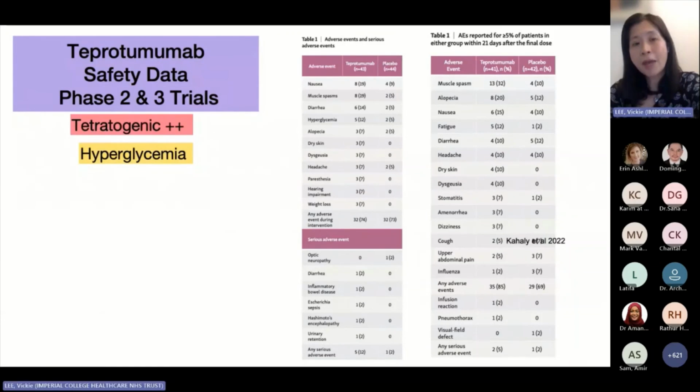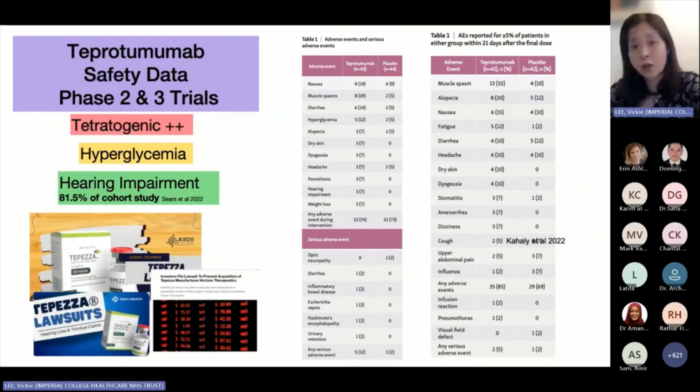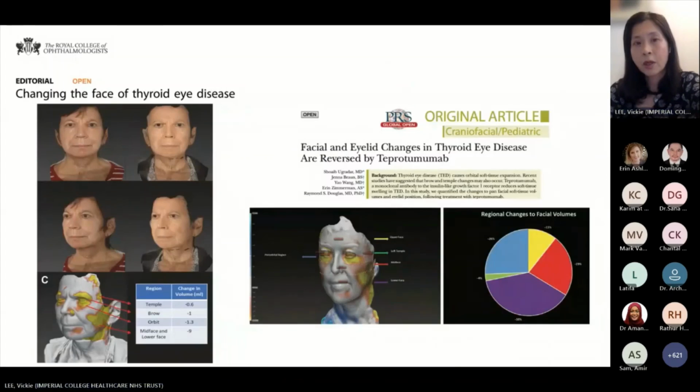Hearing impairment was not originally particularly studied in the initial trials, but subsequent studies have found that 4 out of 5 patients who received the drug in one cohort study experienced hearing issues. And Tepezza or Amgen has been the subject of many class action suits in the USA, which is the only place, apart from Brazil, where teprotumumab is licensed for use.